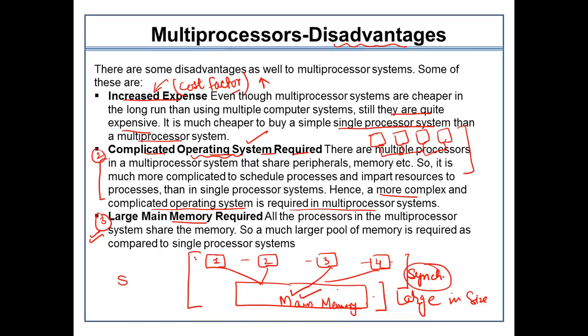It should not be that one processor is working fast and the main memory is responding slowly. Otherwise it will be a barrier. That is why a large main memory is required for such multiprocessors. So these are the disadvantages that multiprocessors have.